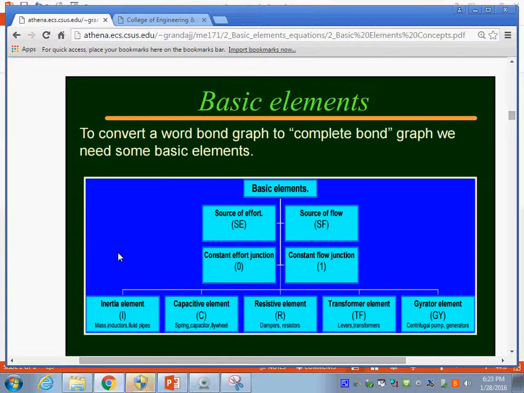You have an inertia element, which is for elements that store kinetic energy. You have the C elements or capacitive elements, which store energy, for springs or so.